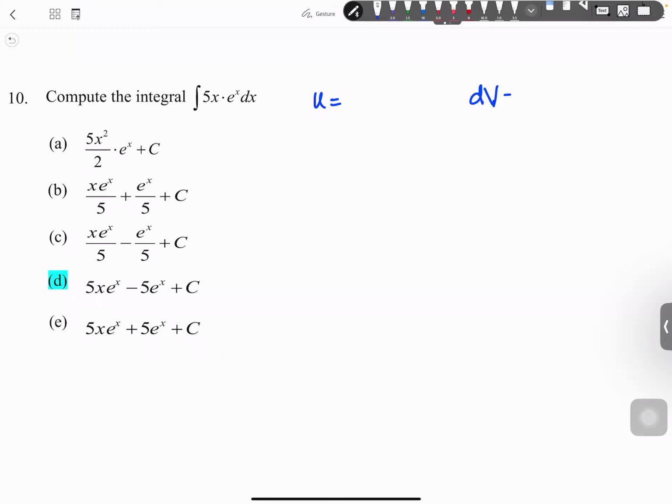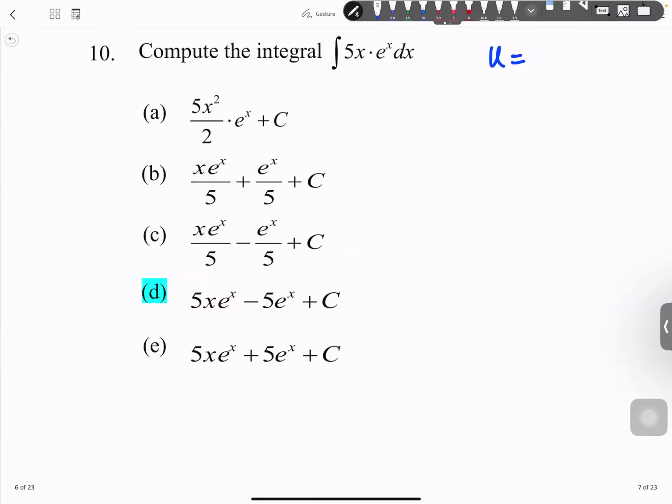If you struggle with this, remember the LIATE principle. L-I-A-T-E is just an acronym for, if I read it from the top, logarithmic, inverse trig, algebraic, trig, exponential. The higher up on the list you are, the more likely you are to be u.